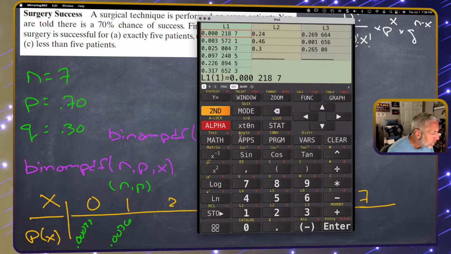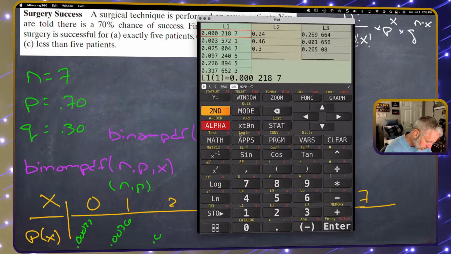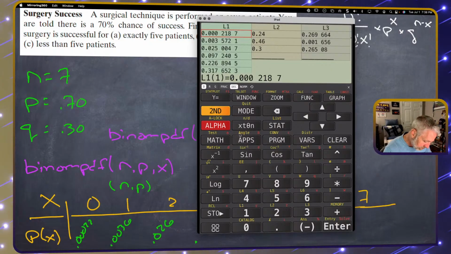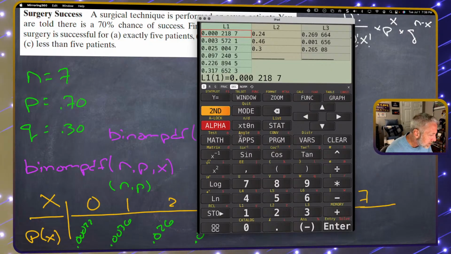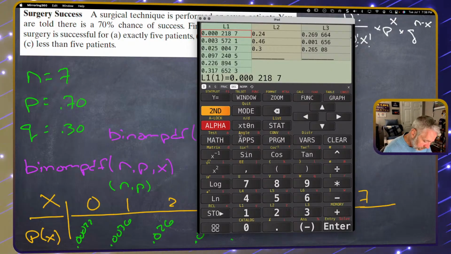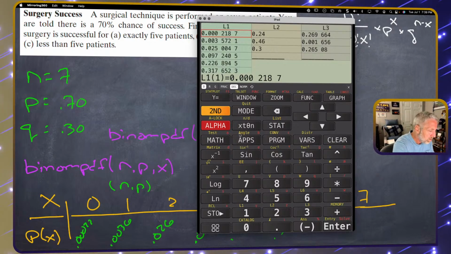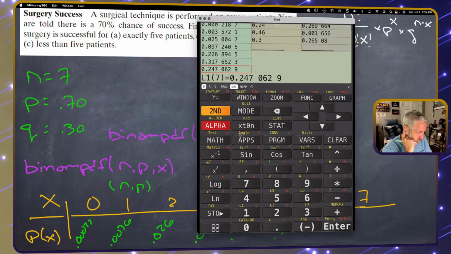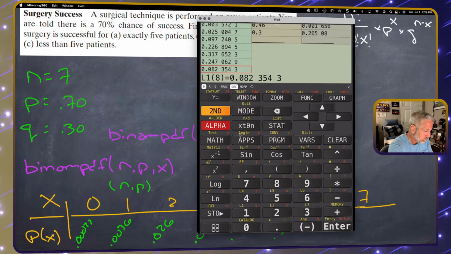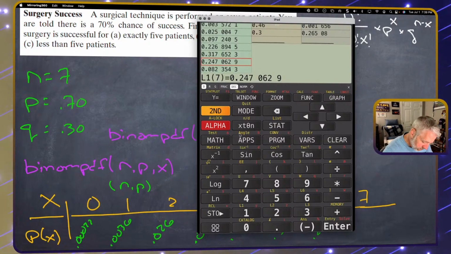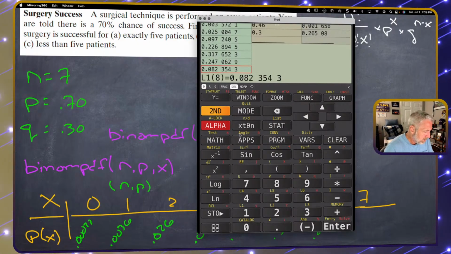Lost my place. 0.026. 3 successes, 0.097. 4 successes, 0.23. 0.32. 0.25. Sorry. And then 0.08.